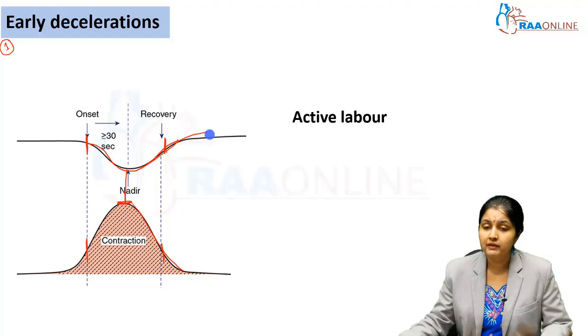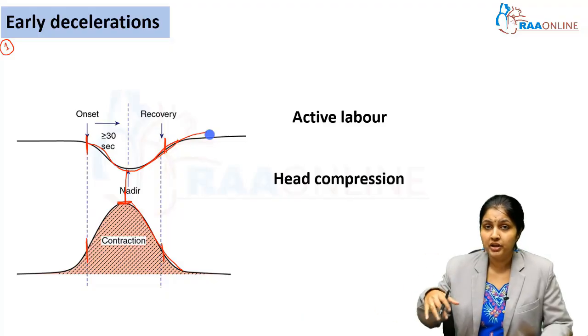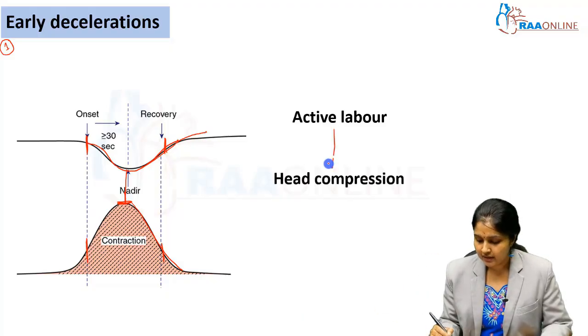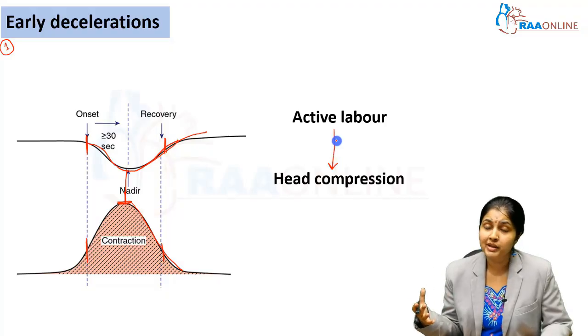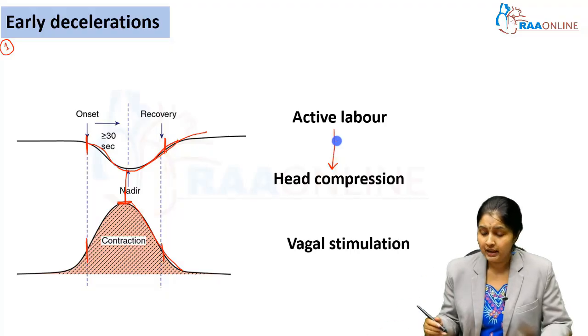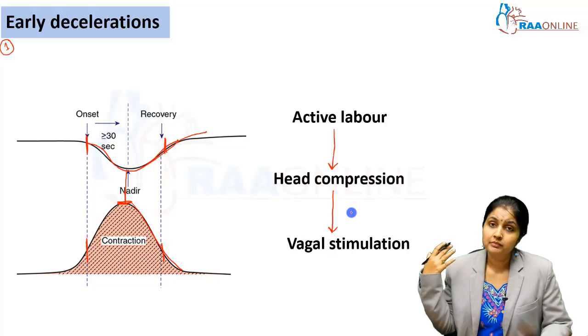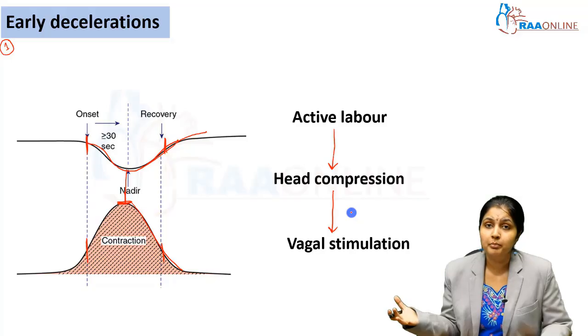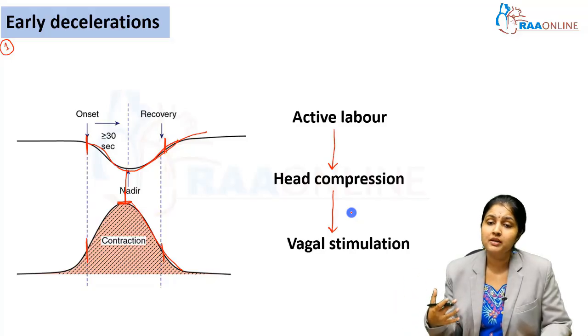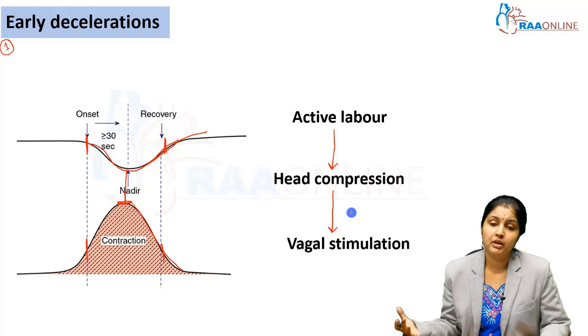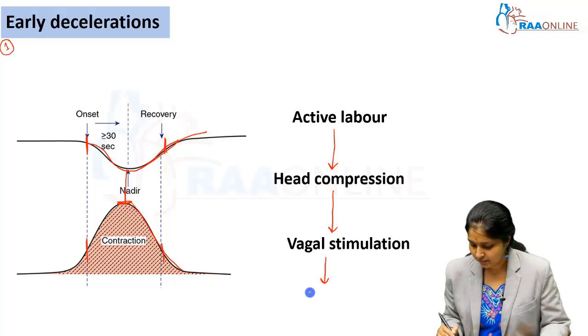During active labor, there is head compression onto the dilating cervix. Whenever the head is compressed against a dilating cervix, it will stimulate vagal stimulation. The baby's brain's vagal pathway will be stimulated because of this head compression, and we know that vagus is a part of the parasympathetic pathway, which will lead to a temporary drop in FHR.